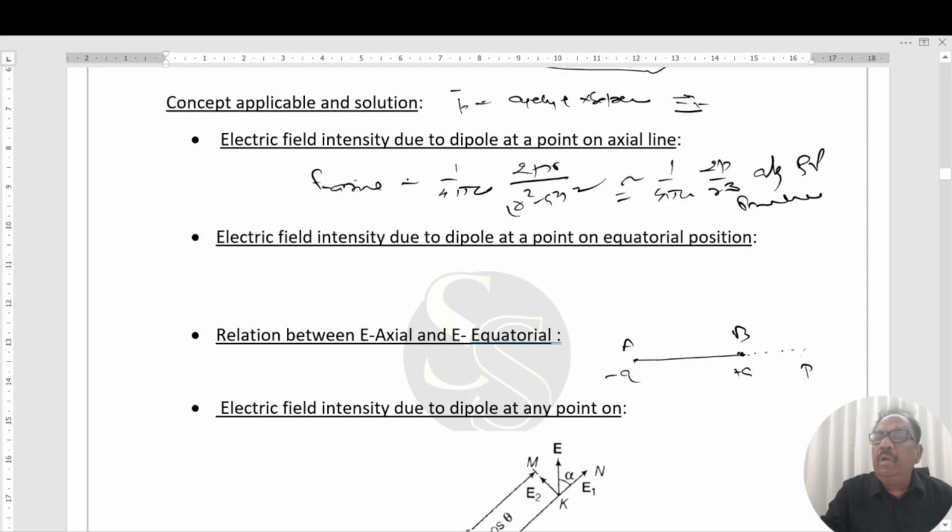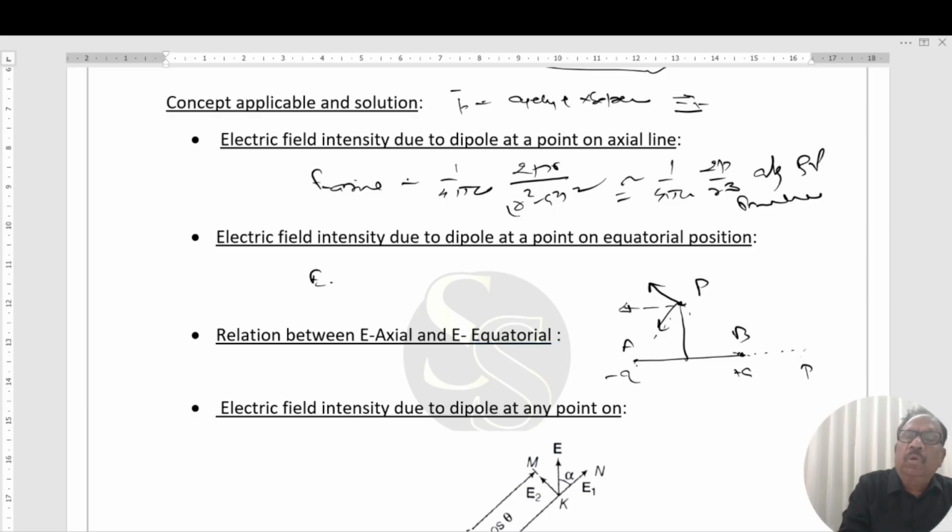Electric field due to dipole at the equatorial point. The equatorial point is, suppose, the center of this; we take this perpendicular bisector, and this point is P. In that case, the electric field intensity is away from the positive charge towards the negative charge. On resolution, we get it along this direction.